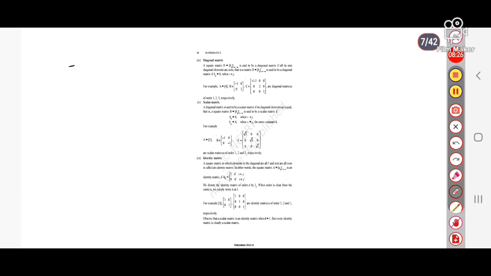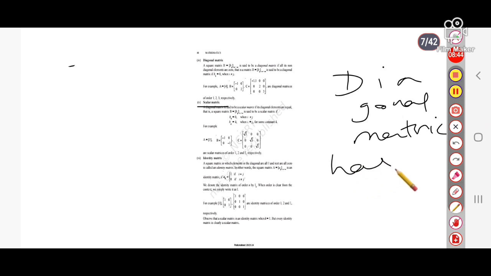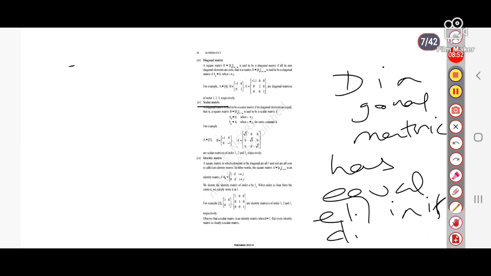When a diagonal matrix becomes like scalar, next topic, scalar matrix. When a diagonal matrix has equal elements in its diagonal, I repeat, when a diagonal matrix has equal elements in its diagonal, right?